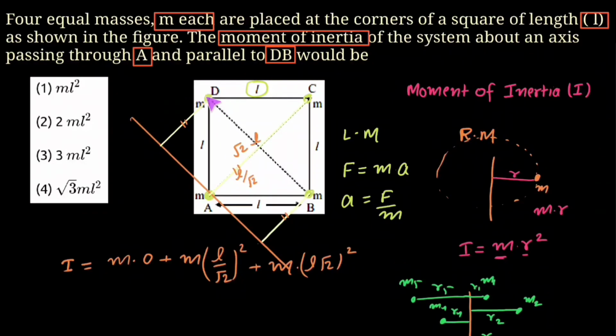And at point D the mass is m and the distance from the axis of rotation is L upon root 2, so we take the square of that.